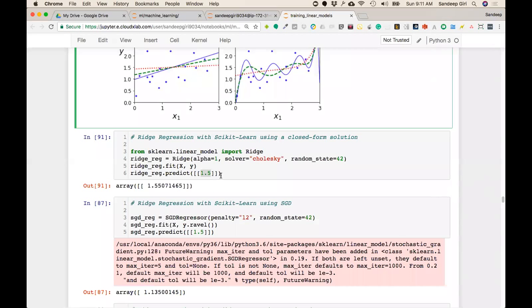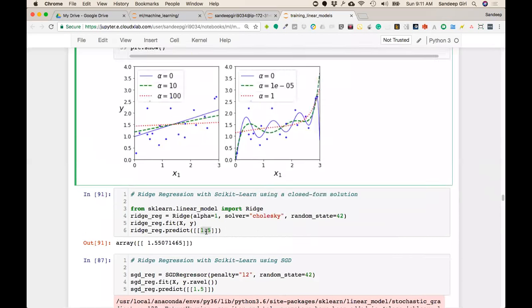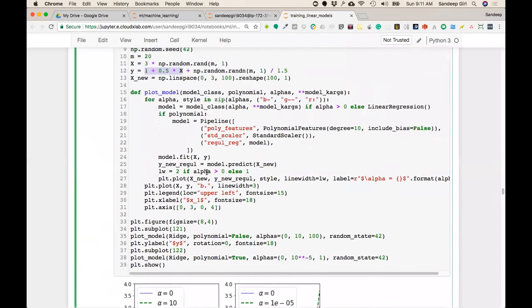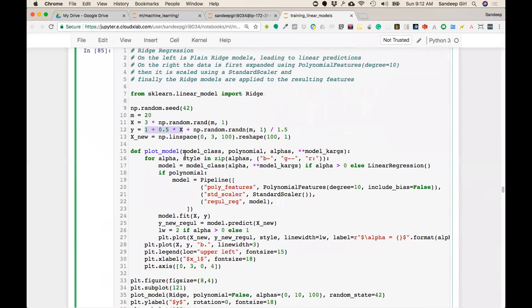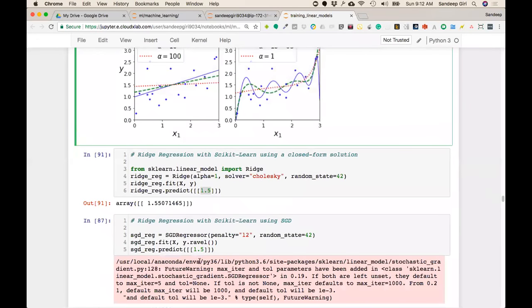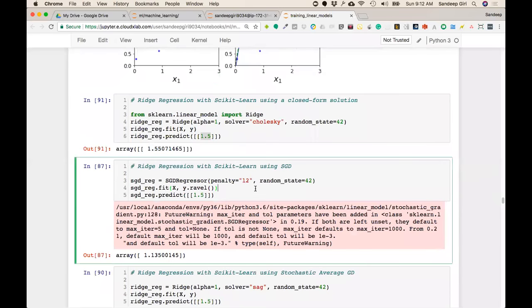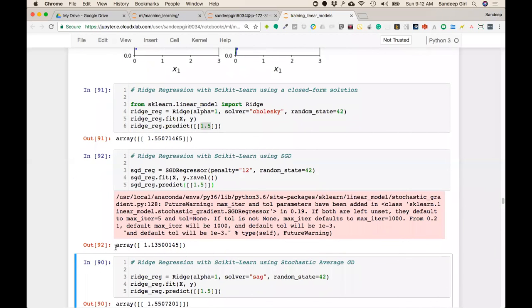So 1 plus 0.5x is 1.5 into 0.5, which is 0.75, so 1.75 was supposed to be the actual answer. But here it is 1.55, so there's a mistake of 0.2. Now, if you want to solve it using the SGD regressor with the penalty as L2, this is what we get.